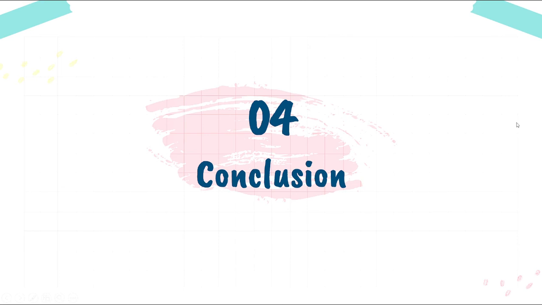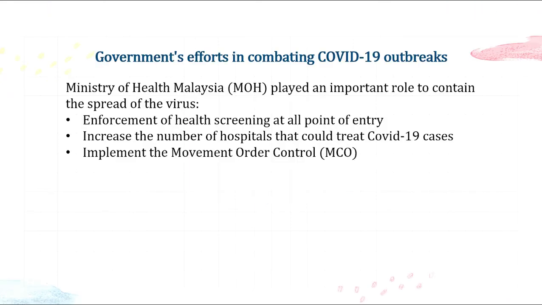Continuing on, I will also talk about the conclusion of our project. That is, what are our government's efforts in combating COVID-19 outbreaks? The Ministry of Health Malaysia plays an important role to contain the spread of the virus, which is, one, an enforcement of health screening at all points of entry.